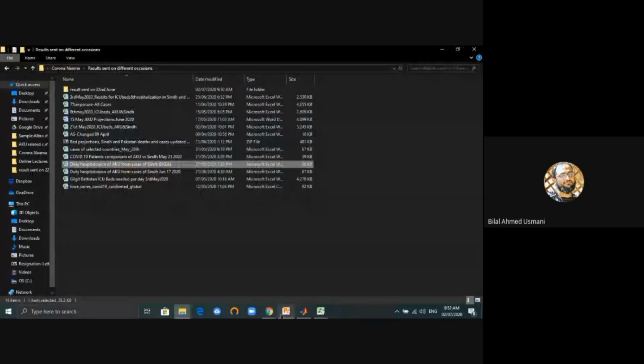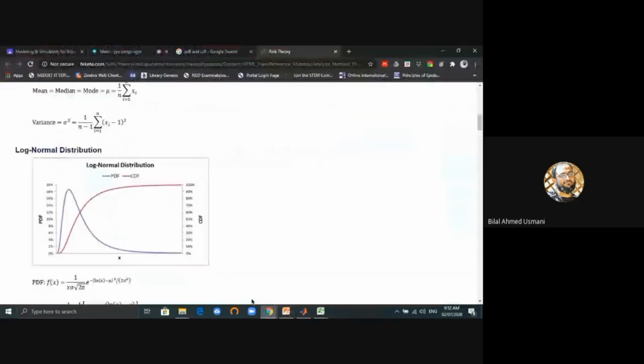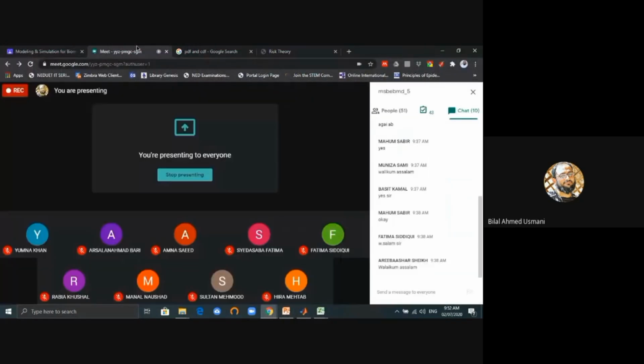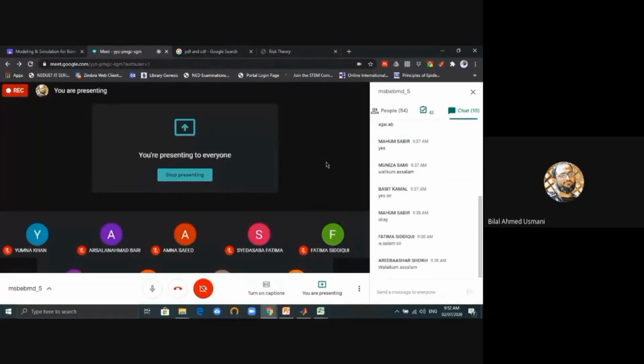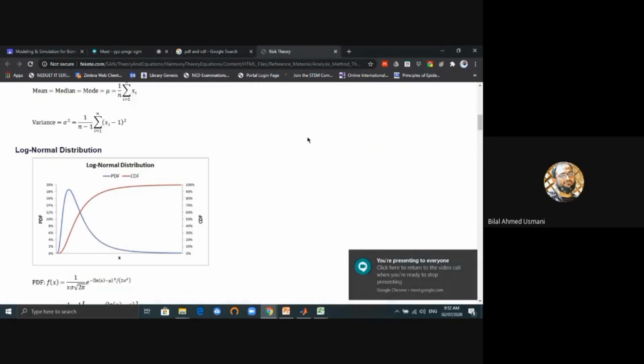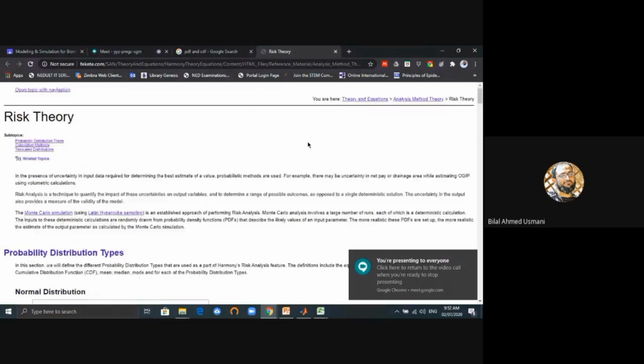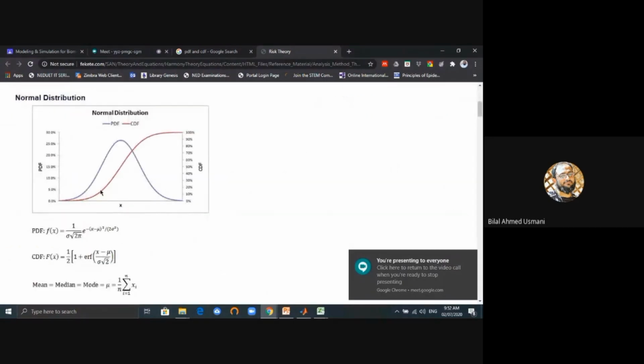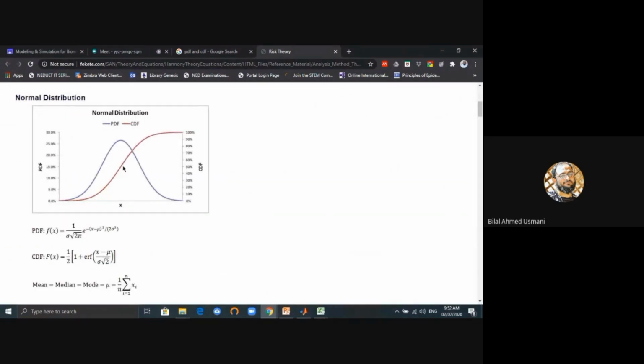Okay, now there are a couple of things I really want to make before continuing. First and foremost is the difference in profile of PDF and CDF. You should be able to distinguish it quite clearly. A cumulative distribution function is a sum of all probabilities, and at the end it will always sum to 1 or 100%.